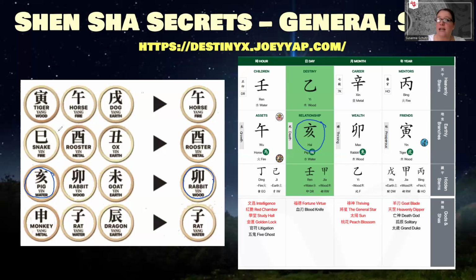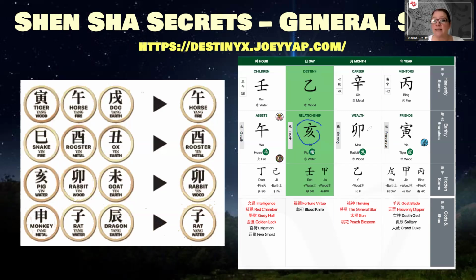If your day branch is the horse, then your general star is also in the horse. If your day branch is an ox or a snake or a rooster, then your general star is in the rooster. So this is the formula. It's very straightforward. In this example, the day branch is the pig, and therefore the general star is in the rabbit.